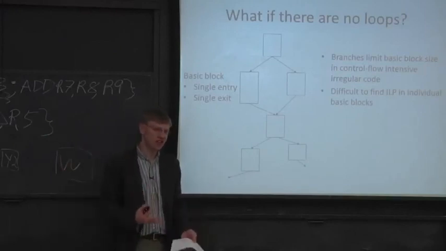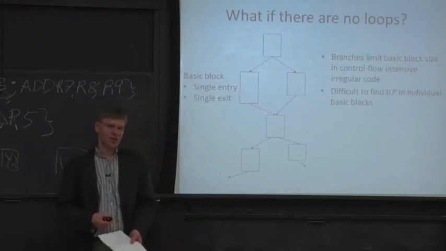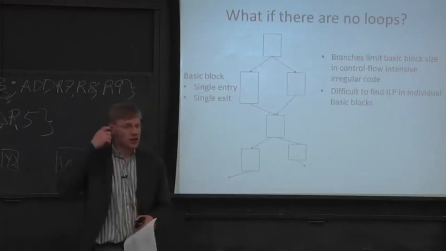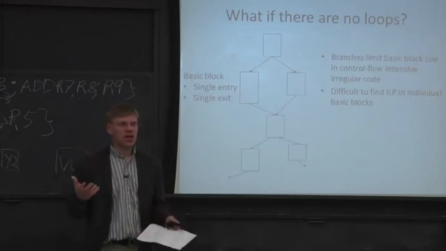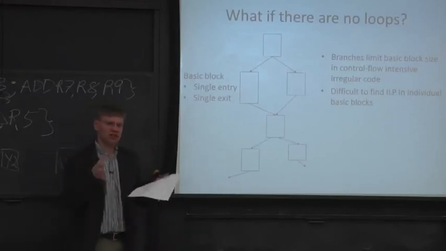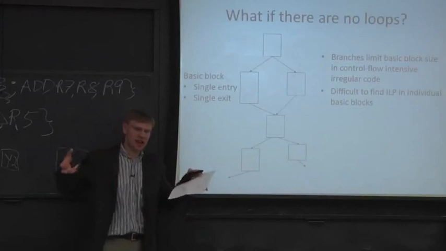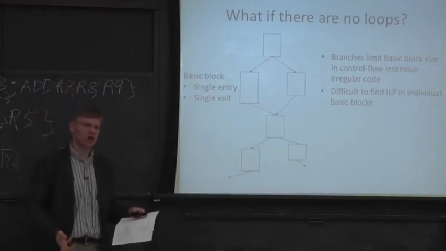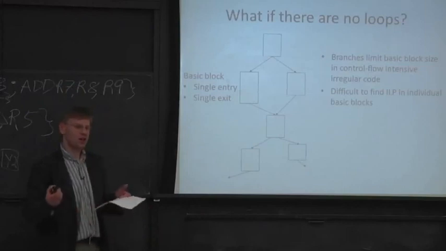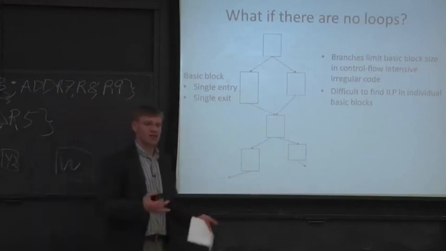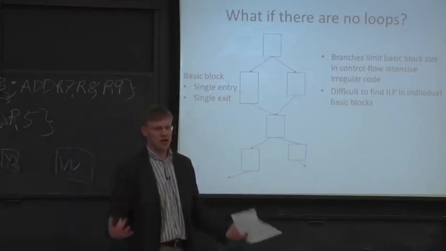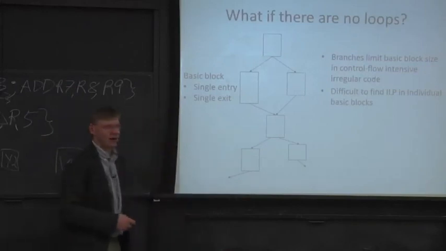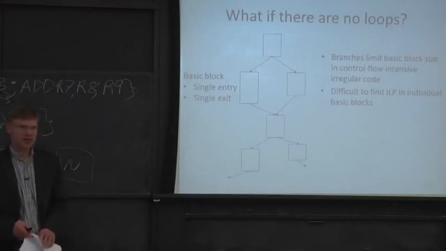But if you're doing static scheduling, when you hit this branch, and let's say it's a hard-to-predict branch, you can't really do anything because you've packed a bunch of instructions next to each other, and they need to execute atomically. So it's not like you can move code up and down across that branch. The superscalar can do that because it has this instruction window, it has a bunch of techniques, a bunch of hardware to be able to do that. But in our VLIW processor, that's a problem.